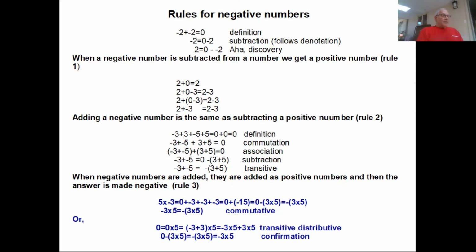Well, if we subtract the 3 times 5 from 0, that gives us 0 minus 3 times 5, leaving us with minus 3 times 5. So we've now shown that it doesn't make any difference whether we're multiplying by a negative number or multiplying the negative number, it still works.